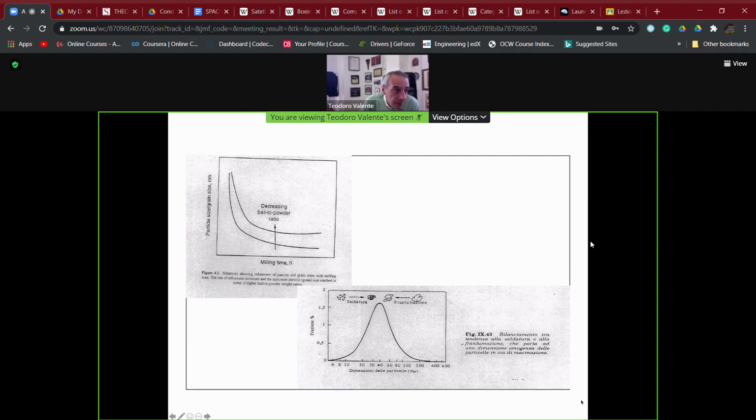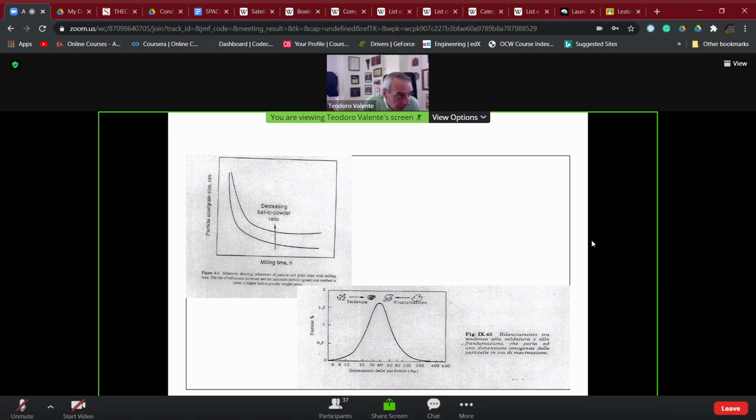So this is able to break the powders and thus to cause cold work hardening. So we have cold work hardening and we have a fracture of the powders. And this is an effect which has as a result, since we are going to break the powders due to impact, a decrease in the average size of the original powders.